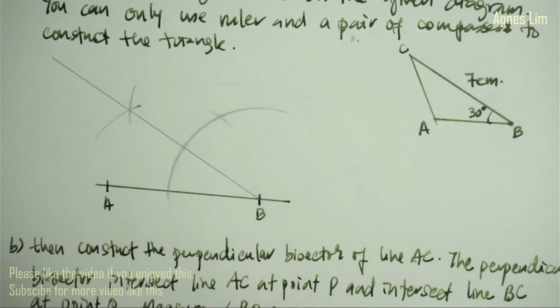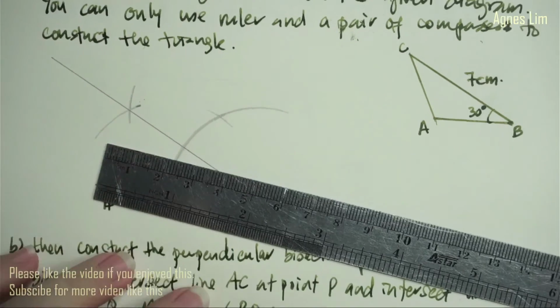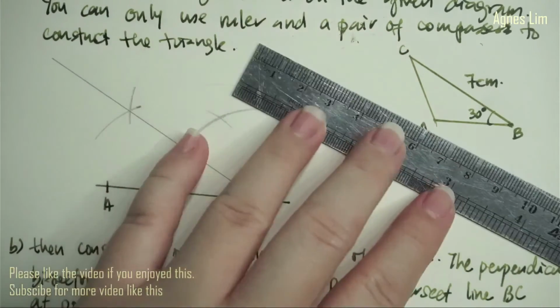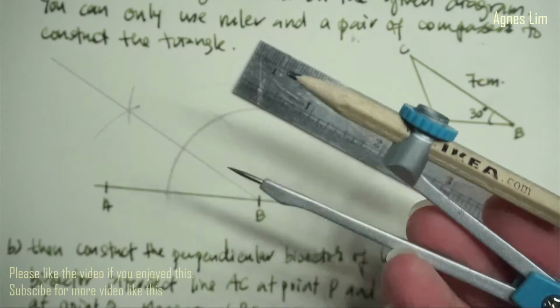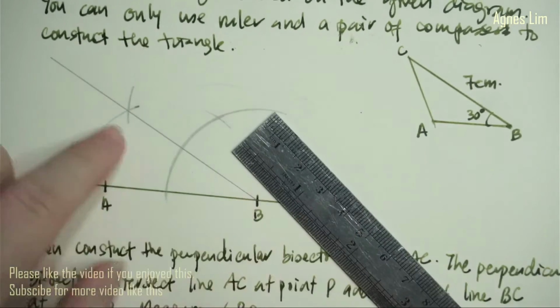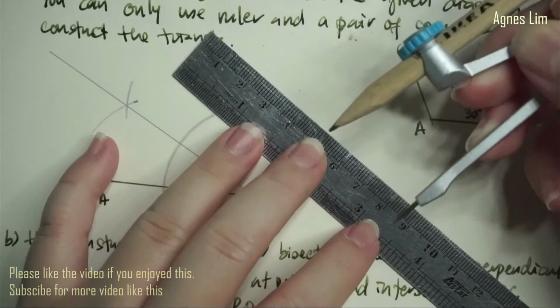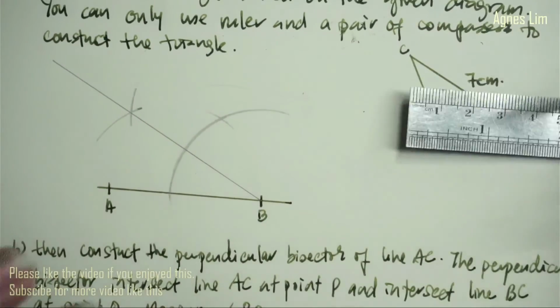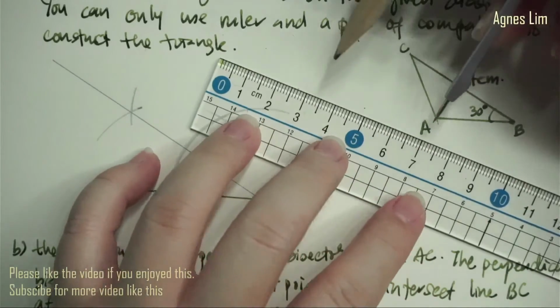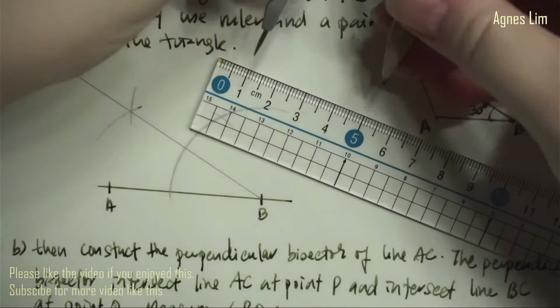So this is building a line segment. So we need a 7 centimeter line. So we're going to use only this one. The ruler is for you to connect as well as for you to open your compasses so that it becomes 7 centimeter.